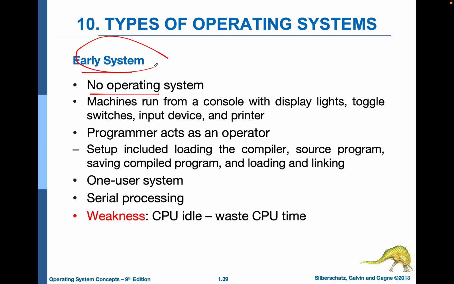You can only improve it in terms of being more organized. So who knows, later on we may no longer need to use an operating system. But this is the early system.